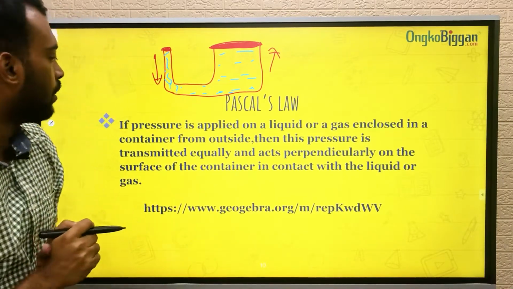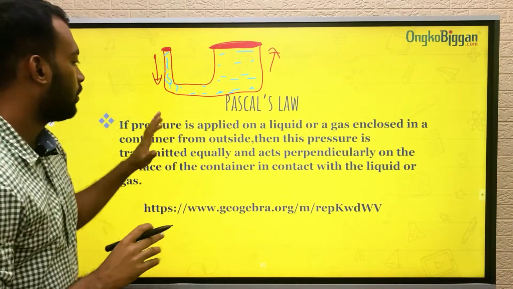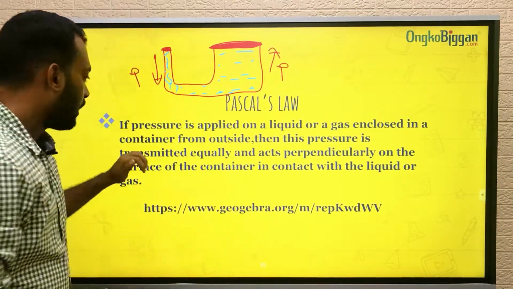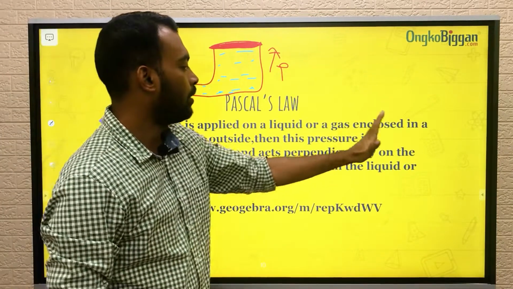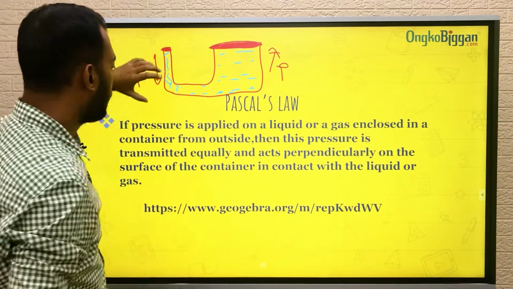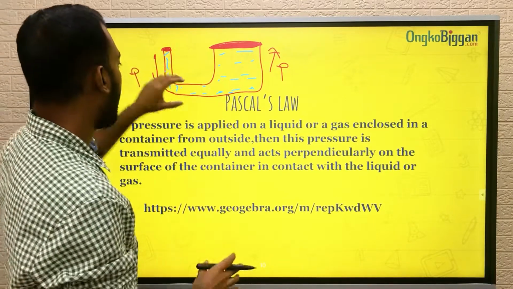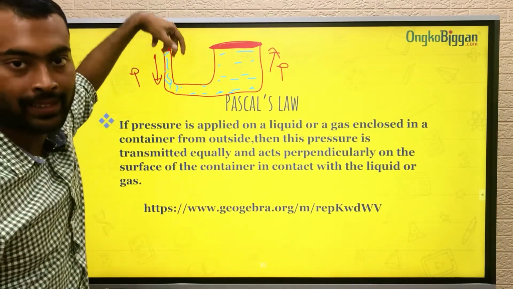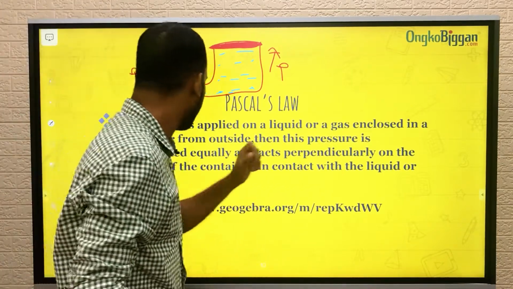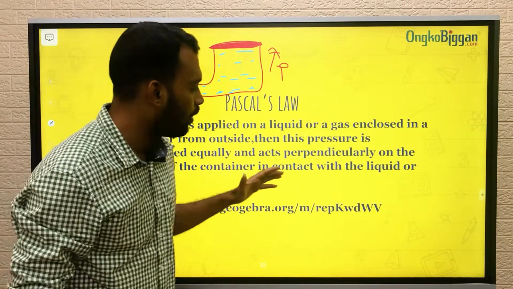So Pascal's law says that when we're talking about pressure, not the force, we're talking about pressure. If the pressure is applied on this liquid or gas in an enclosed container, where a certain kind of pressure is exerted on this side, then this pressure is transmitted equally.